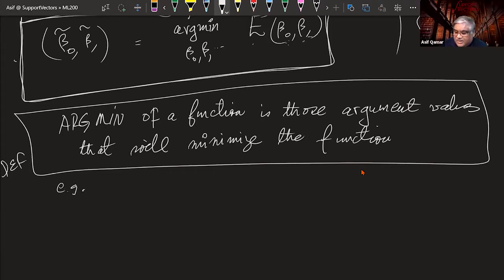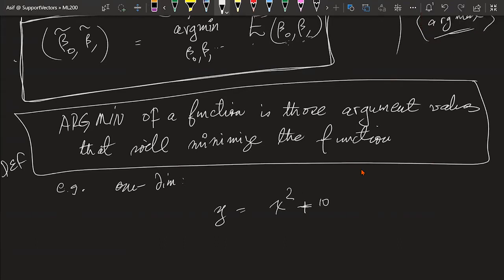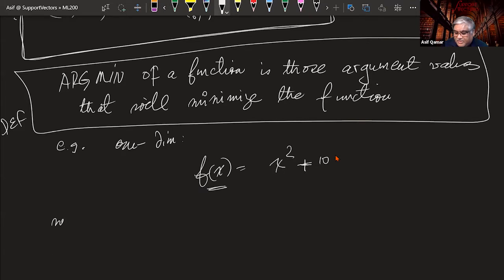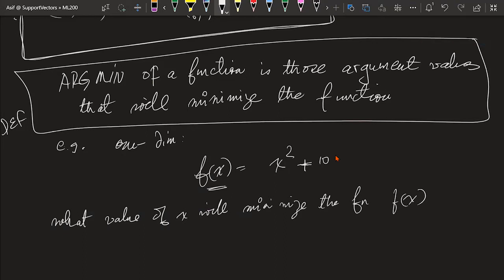Example. Let us take one dimension. y is equal to x squared plus 10, right? Now tell me, what value of x will minimize the function? 0. x equal to 0.